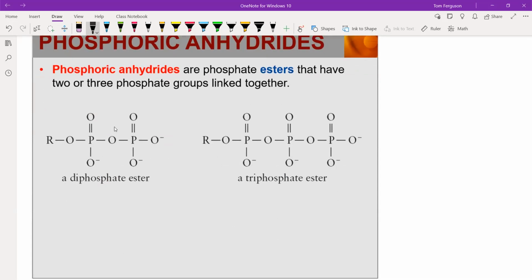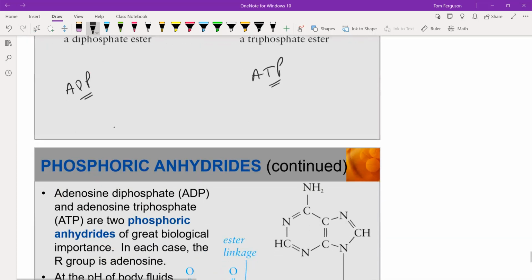The phosphoric acid can form a double ester, looking like an anhydride to some extent, and a triple one, for example in ADP and ATP. That's the double phosphate ester and triple phosphate ester. All of you know that ATP and ADP are energy sources for our bodies. When it goes from ATP to ADP, it loses a phosphate group and lots of energy is given off.